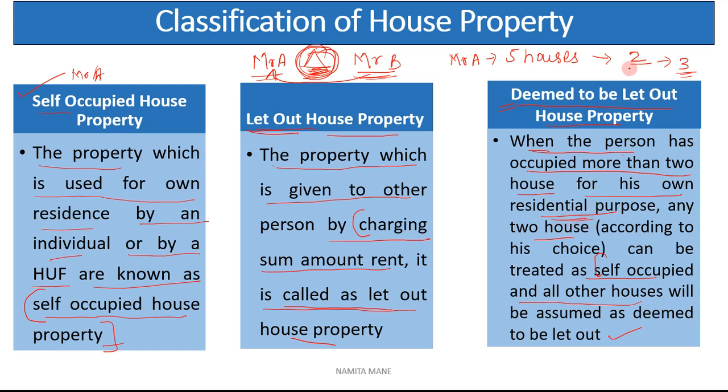So these 2 houses will be considered as self occupied houses, but the remaining 3 houses will be assumed as deemed to be let out. Even if there is no income from these 3 houses, still those 3 houses will be considered as deemed to be let out house property.